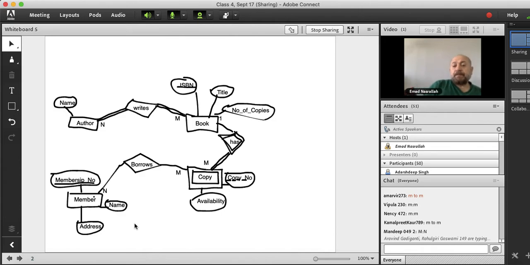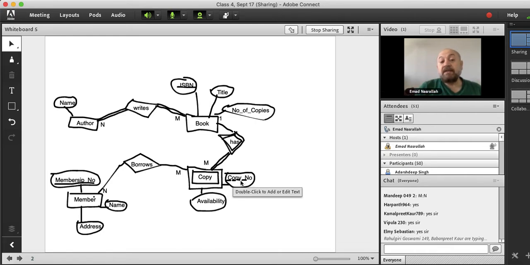Okay, you understand now more about the weak entity. When the member borrows the copy of the book, of course, we don't depend on the copy number alone. We depend on the ISBN with the copy number. It's obvious.